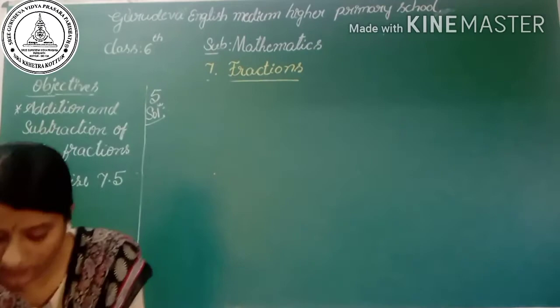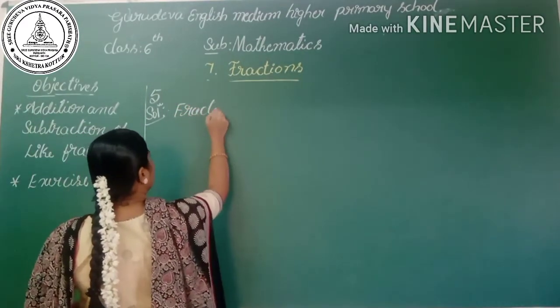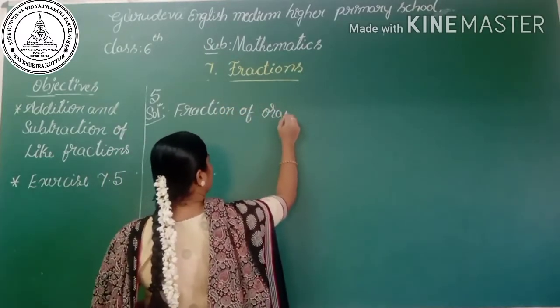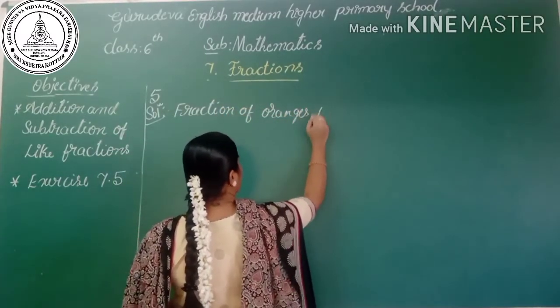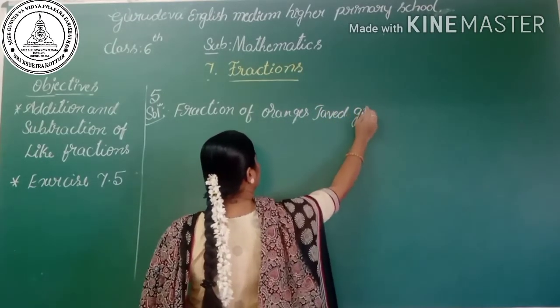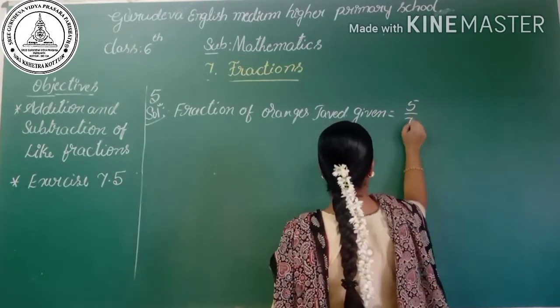Fraction of oranges Javed was given, that is 5 by 7.